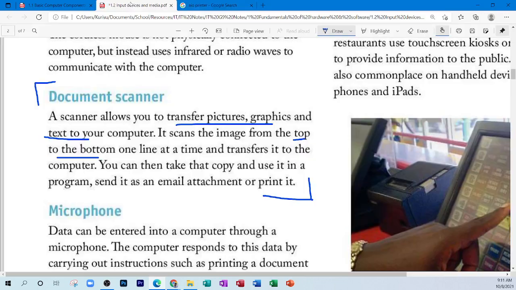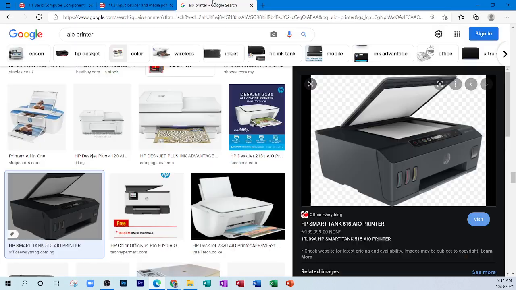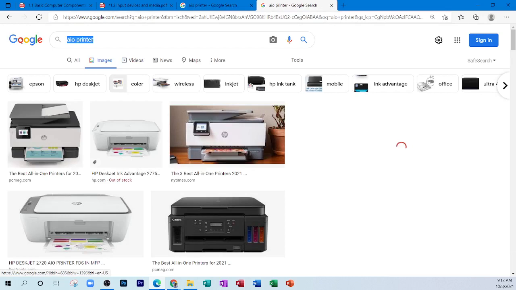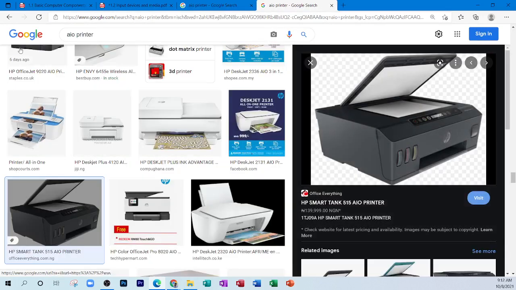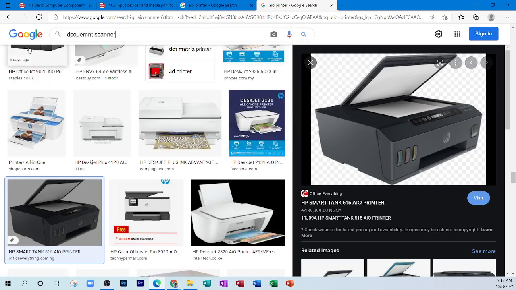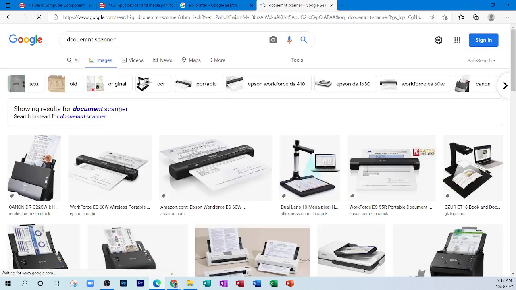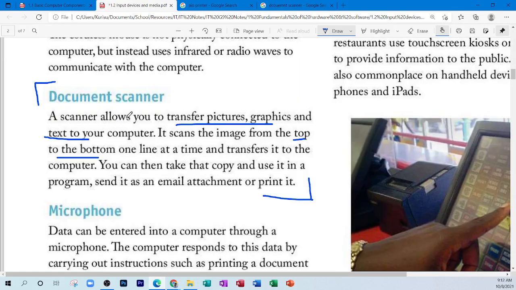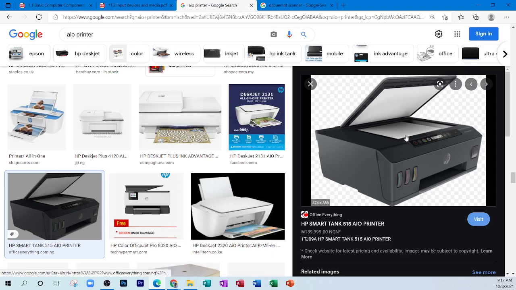So when they're talking about the document scanner here, they're actually talking about the document scanner by itself. So that's going to be this device here. But it can also refer to the scanner that you have on top of your printer.